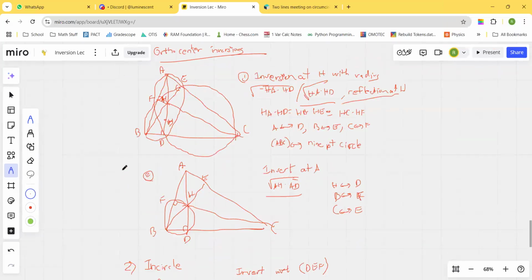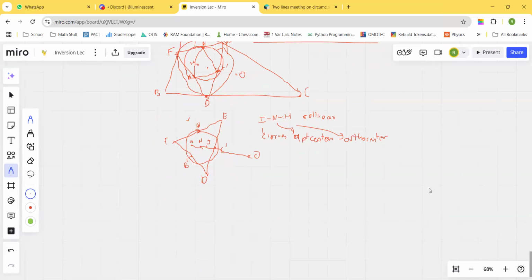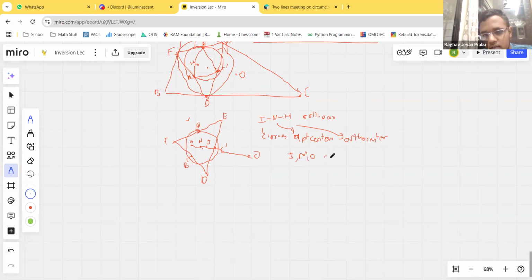Here the center is I. So you get I, N, O collinear, which implies I, O, H collinear, and you're done.